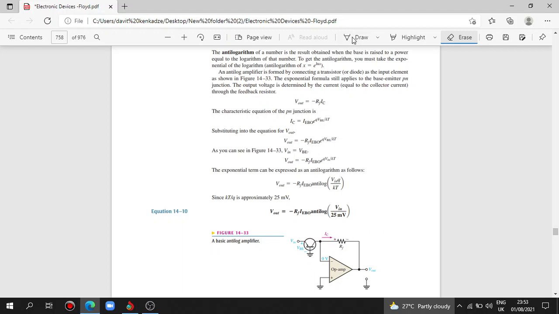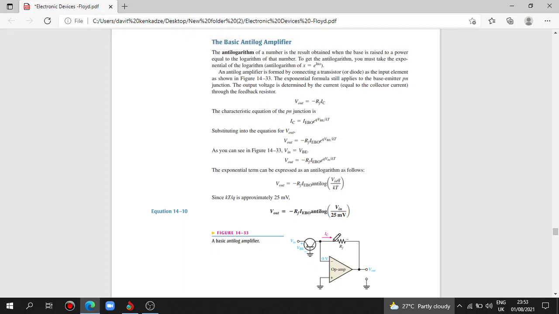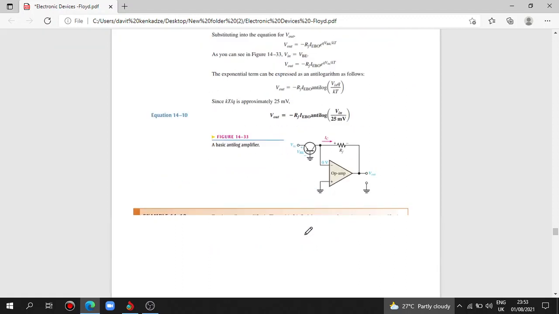Wait a minute. I thought that here the diode would be reverse biased, but they took the diode here.